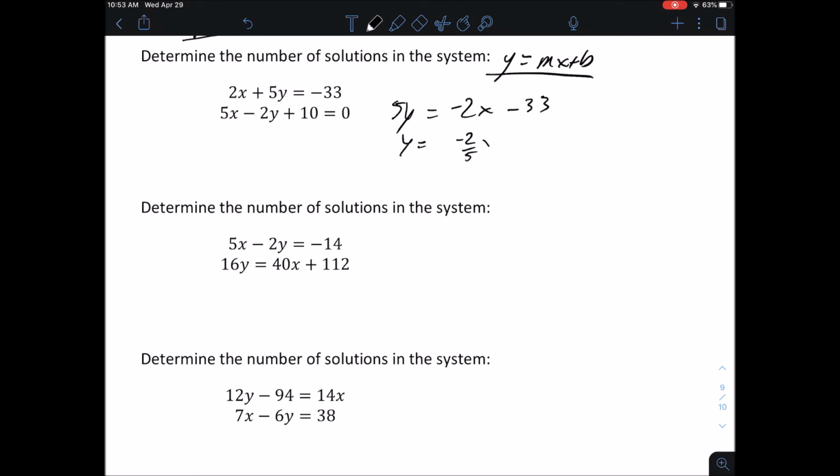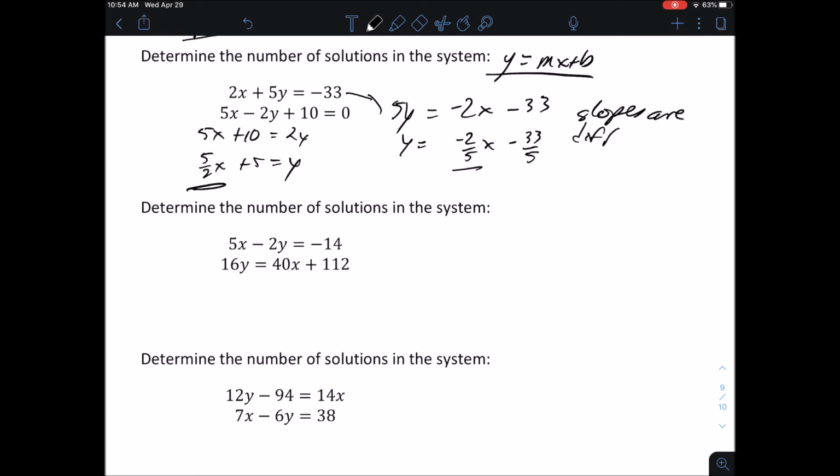and sort of just by inspection decided what would happen here. So I'm going to do that just really quickly and say 5y is negative 2x minus 33. So y is negative 2/5 x minus 33 over 5. And that's this one. And then the other one, 5x plus 10 is 2y. So 5 over 2x plus 5 is y. And notice slopes are different.